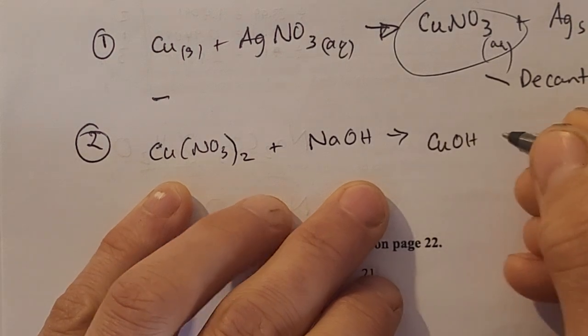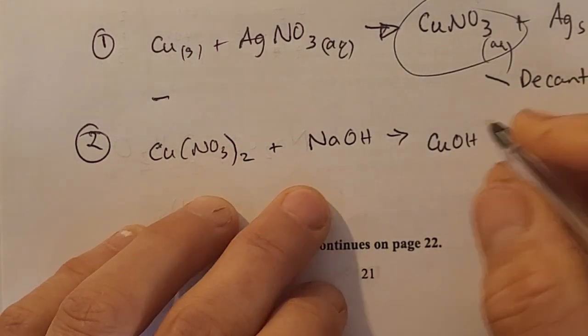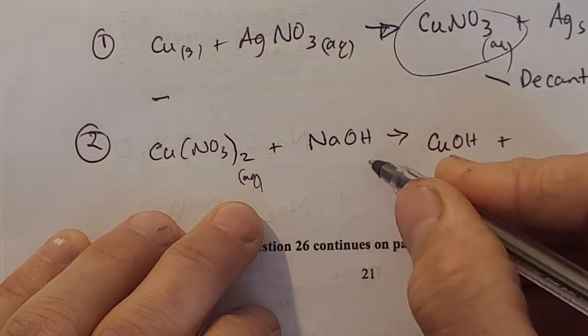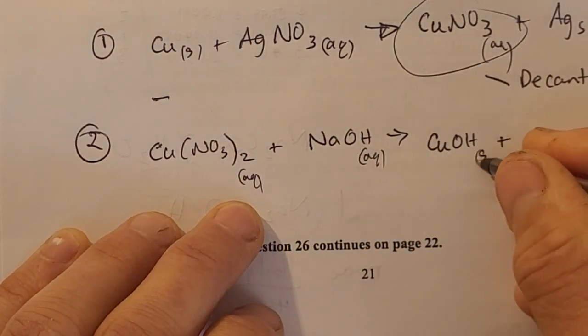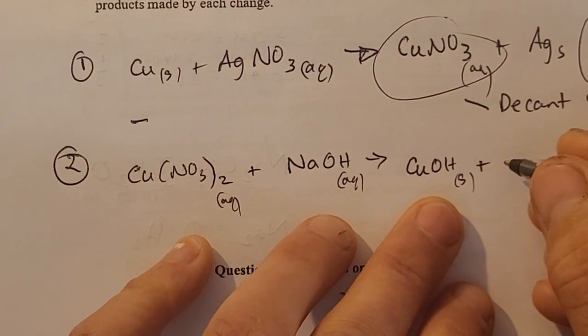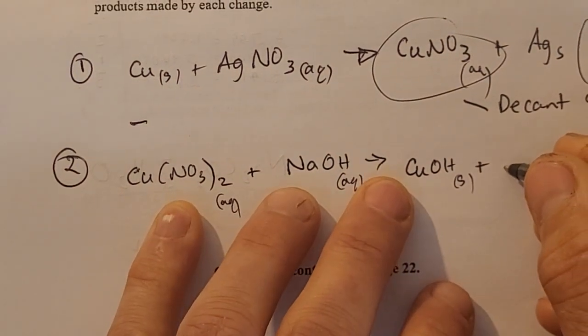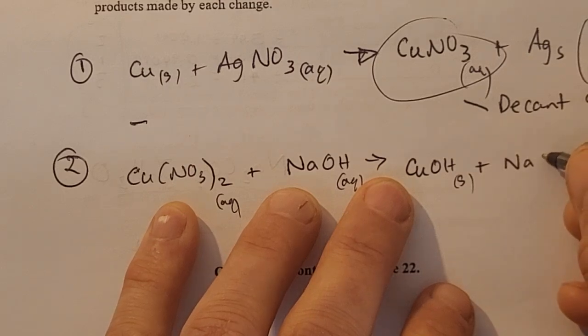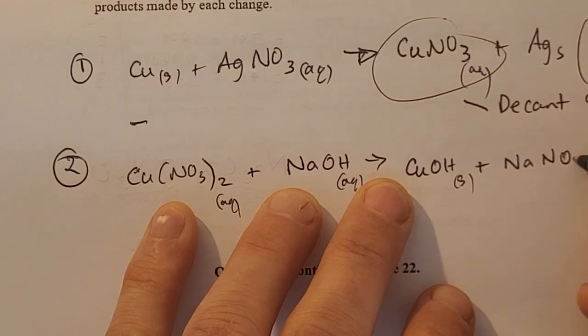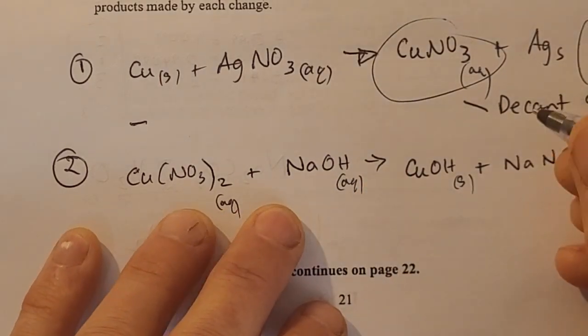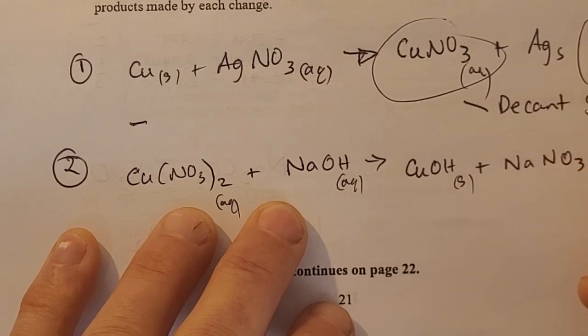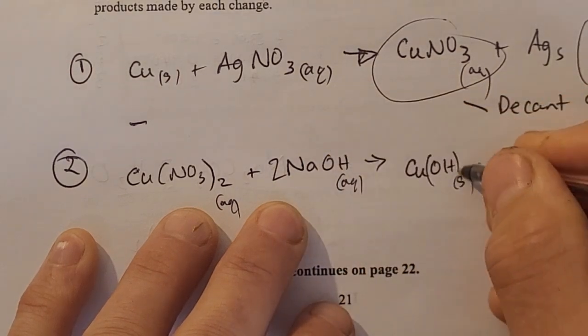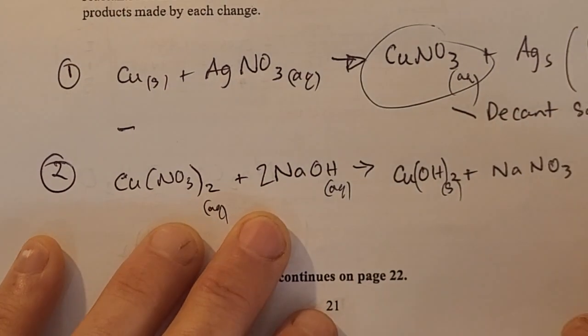Copper hydroxide, solid, aqueous, and sodium NO3, something like that. We're going to need 2 of those. Sorry, we need 2 of those. Okay, and balance them, of course.